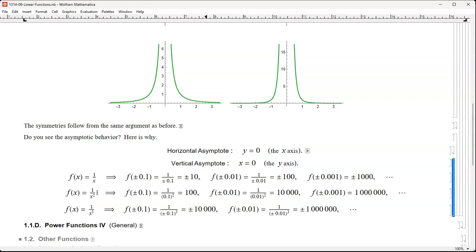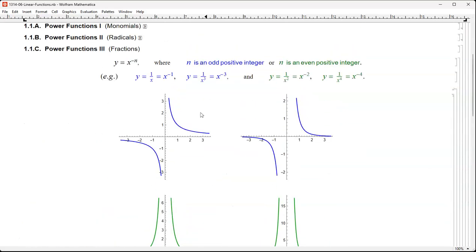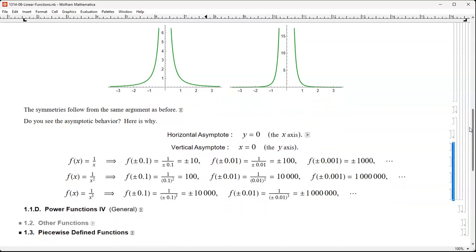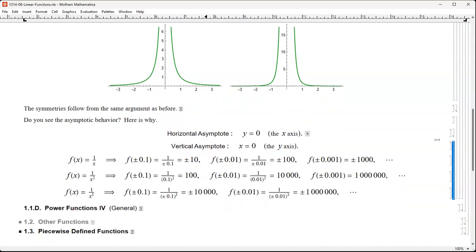For 1 over x squared, 1 over x cubed, consider plus or minus 0.1, 0.01, 0.001 like those. And then if you take reciprocals, we get 10, 100, 1,000 like that. So no wonder it's blowing up to infinity. And then negative infinity, because for odd power, negative stays at negative.